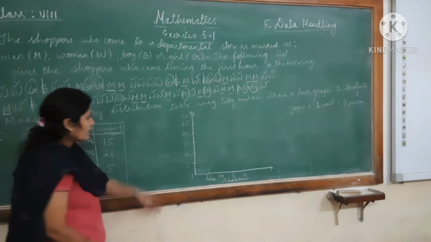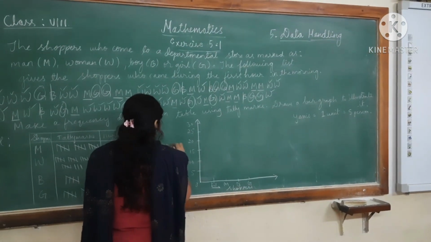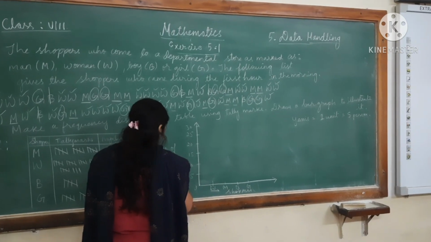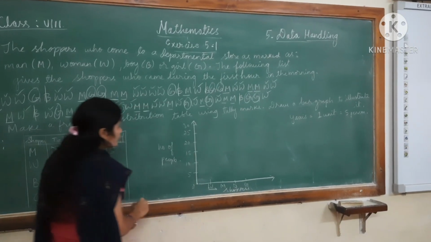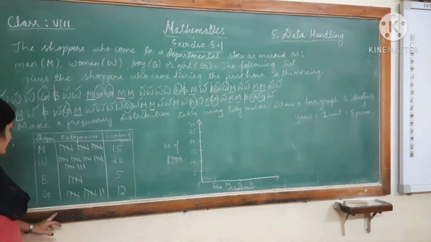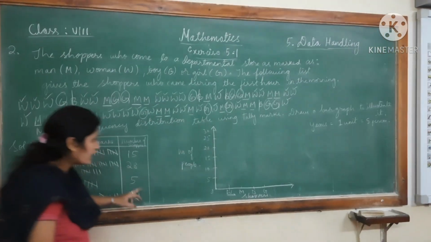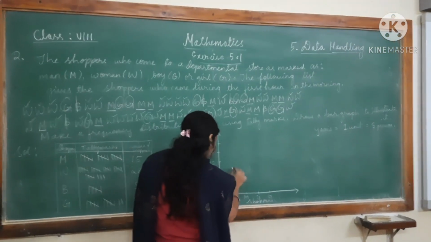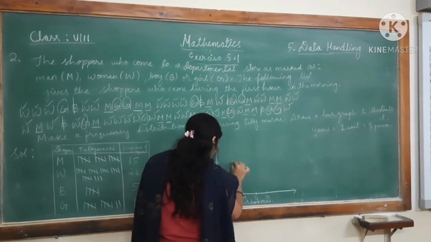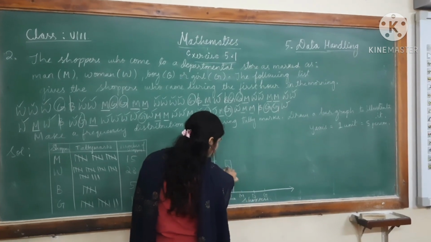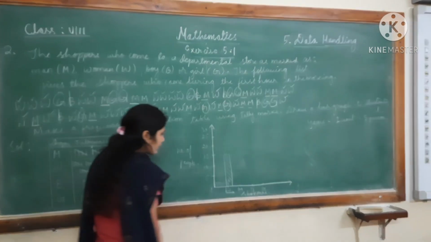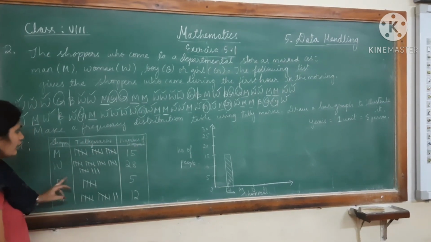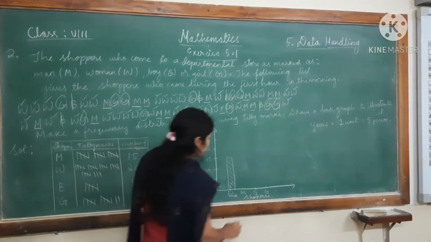So the y-axis is nothing but the number of people visiting the departmental store. So women are how many? 28. Men are 15.